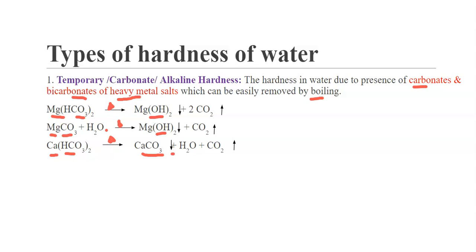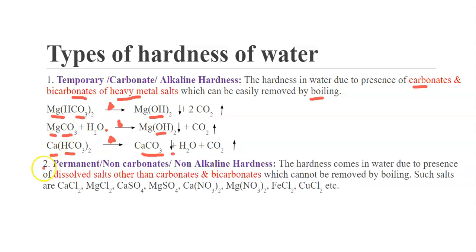The second type of hardness of water is permanent hardness, also called non-carbonate and non-alkaline hardness. As the name suggests, if the water has salts of heavy metal ions other than carbonate or bicarbonate salts, then the hardness due to them would be permanent hardness.